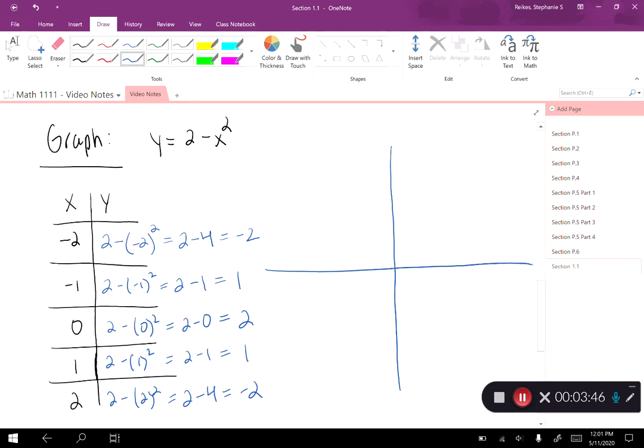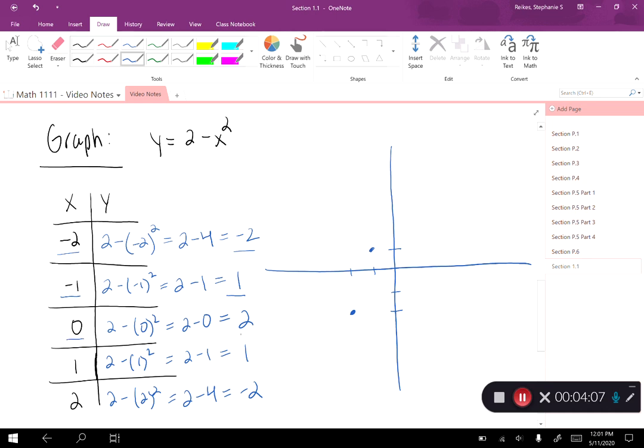So my first coordinate point happens at -2, -2. So that's to the left 2, down 2, and I have a dot. Next I have -1, +1. So that's to the left 1, up 1 is my next dot.